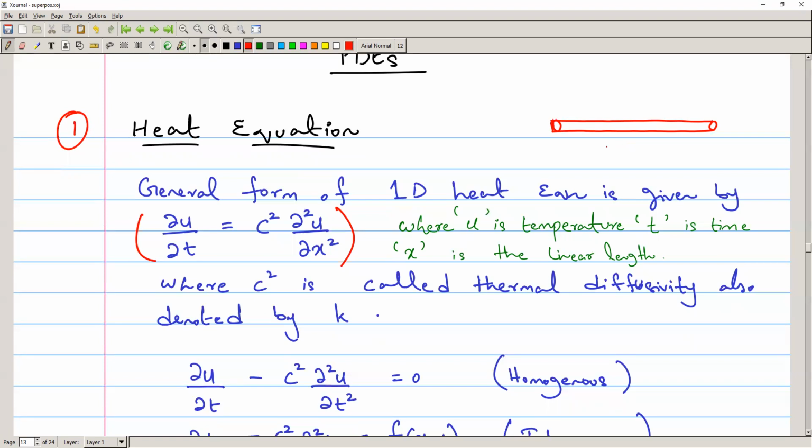That's why we are calling it the one-dimensional heat equation. So we are only interested in the flow of heat in the x direction only. We know that heat flows from higher concentration to lower concentration, and it diffuses in the material, in the conductor or in the metal rod.